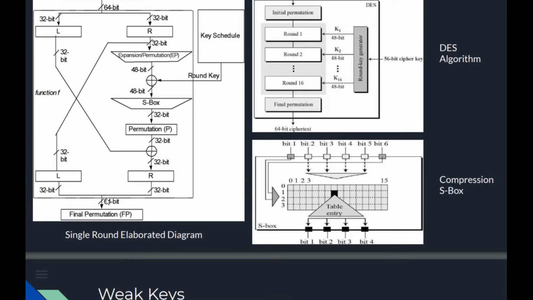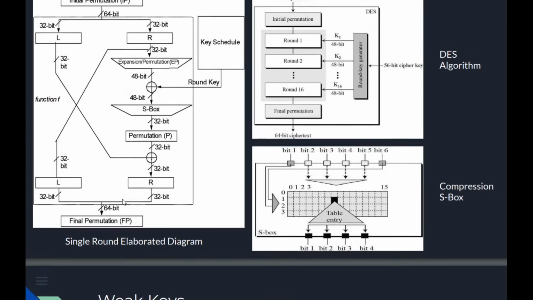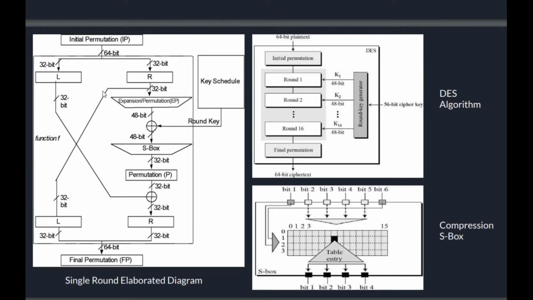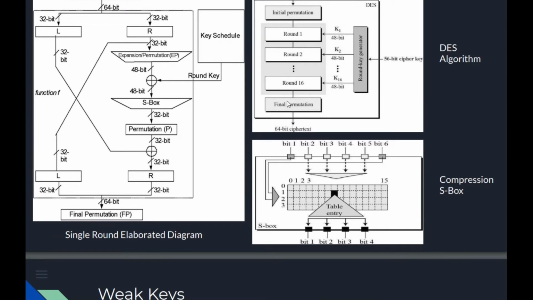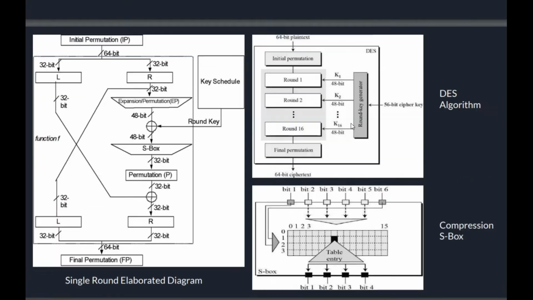After merging it becomes 64 bits, and this procedure will happen 16 times. After that we apply a final permutation. It is also just a straight P box, and it only reassembles the bits and gives a 64-bit ciphertext as an output.